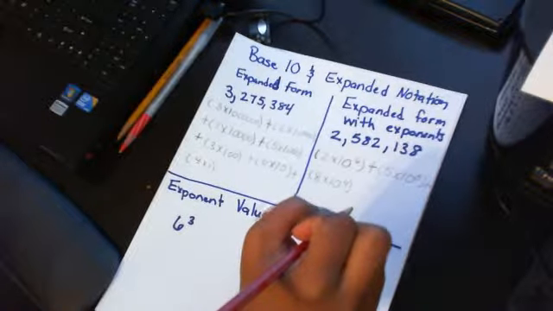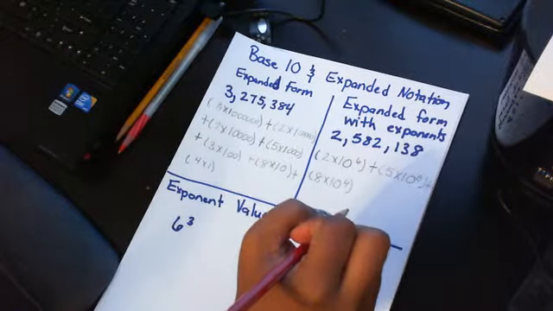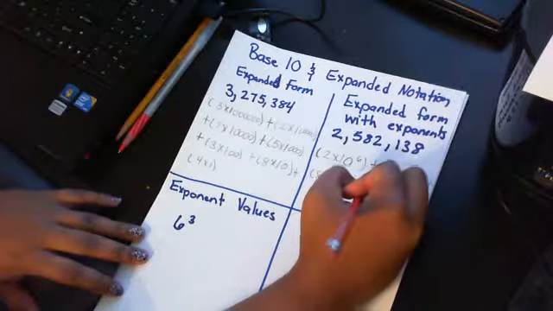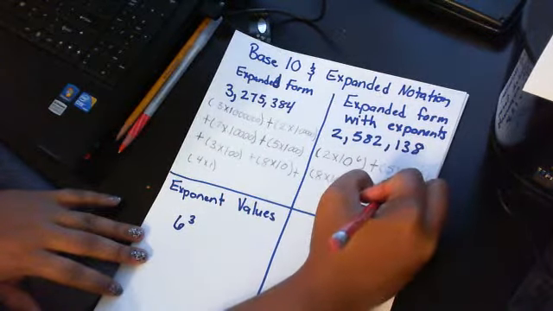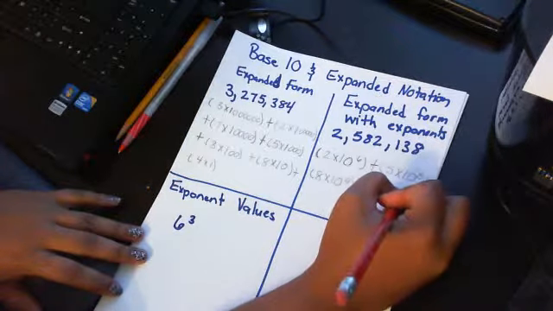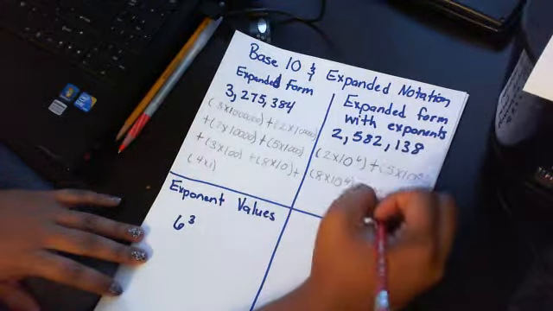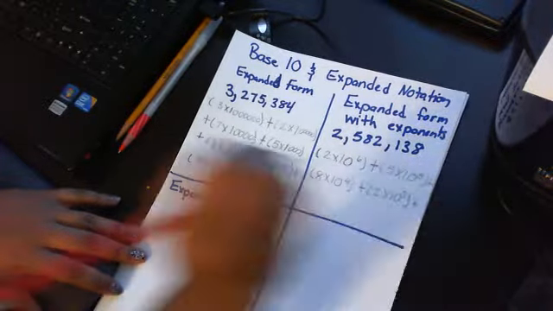Alright, plus, parentheses, 2 times 10 to the 3rd power, because it is 3 numbers behind it.